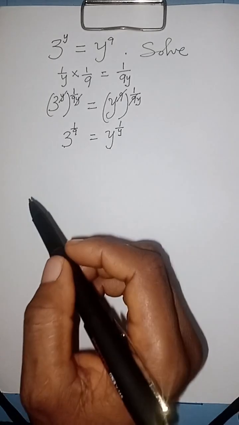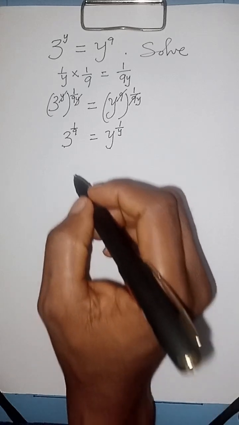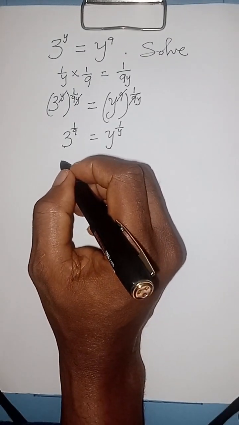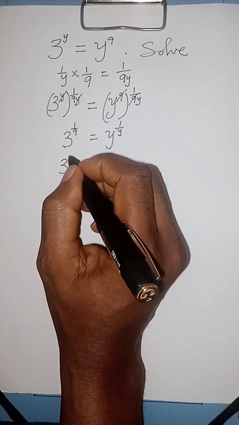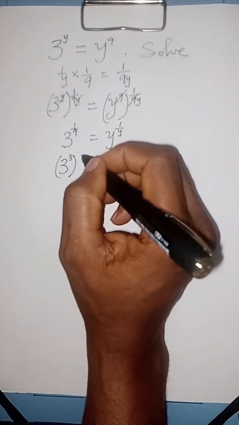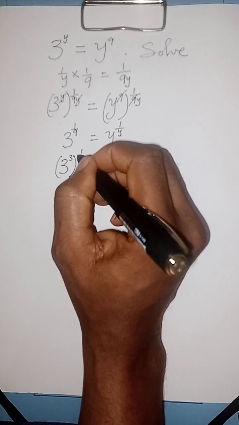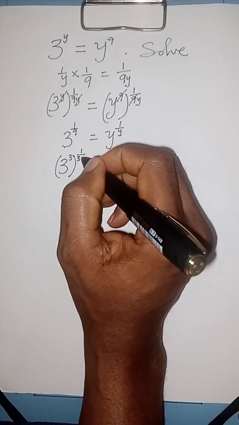So how do we make it to be the same? I'm going to do something like this. I will express 3 to a power, which is raised to power 3, and multiply the denominator of the power by the same 3.